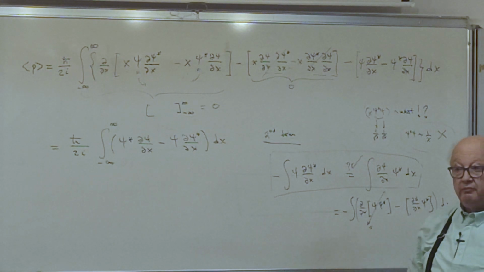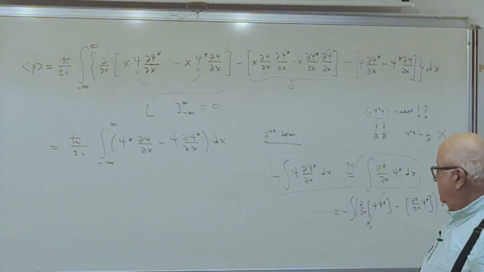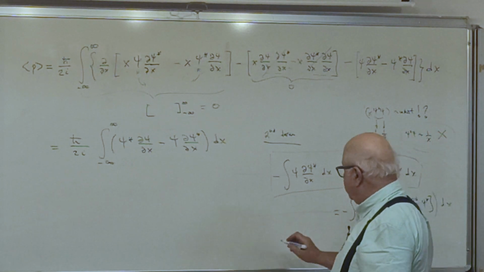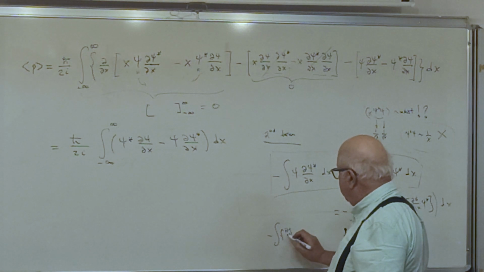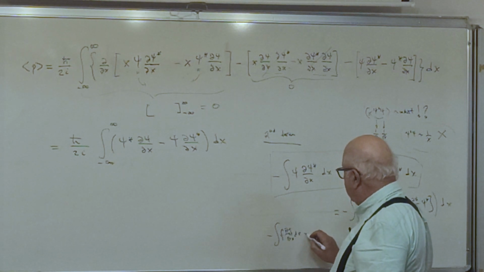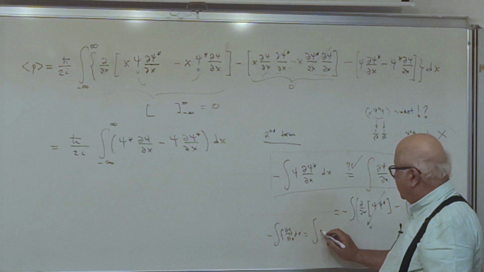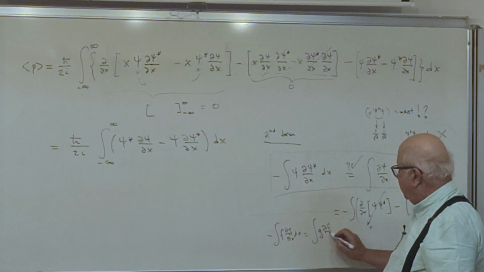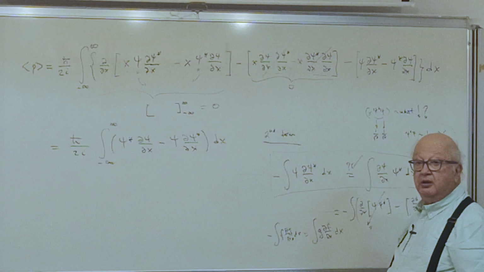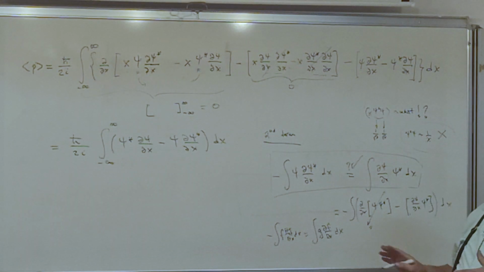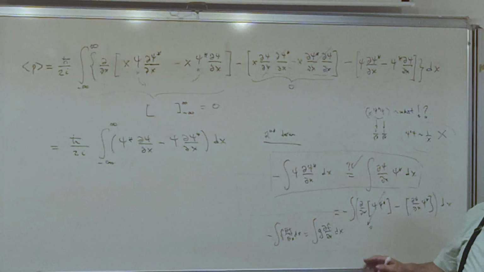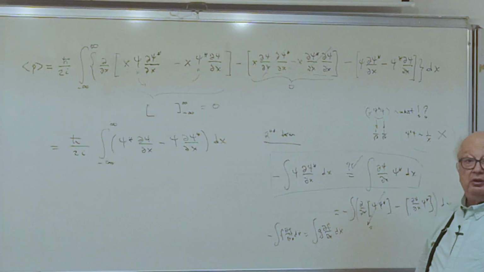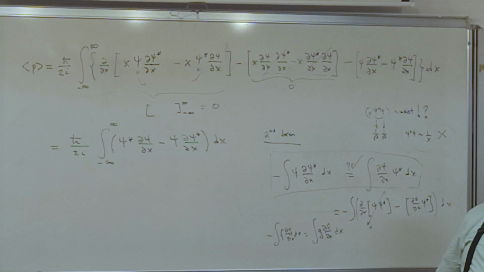So in the more general case, if I have two wave functions, minus f del g del x dx, I can always write this as plus g del f del x dx. It's just integration by parts. There's no contribution from the infinities, and it's a very useful relation whenever you are making calculations.